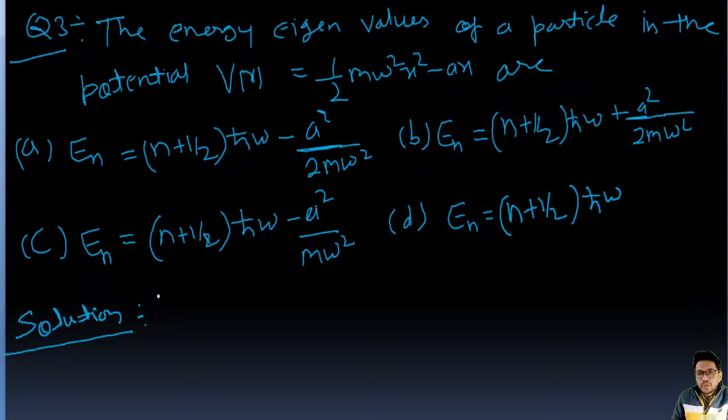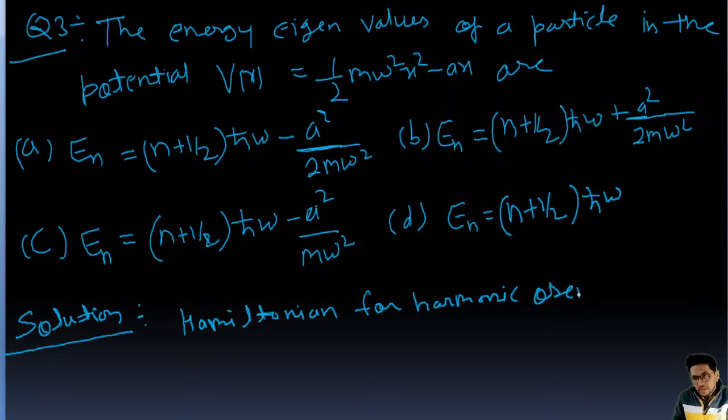so we know the Hamiltonian for harmonic oscillator, that is H equal to px square upon 2m plus half m omega square x square.